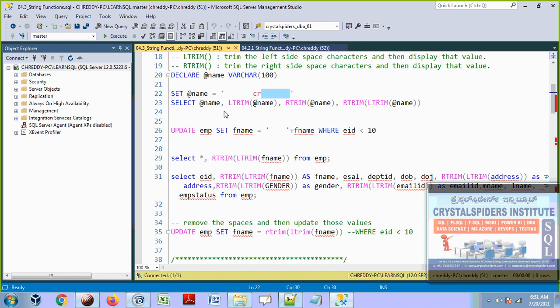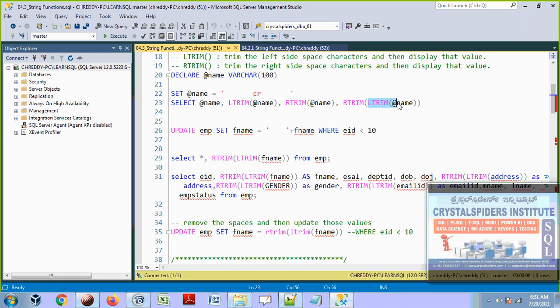Ltrim will remove the left side ones and display only this portion. Rtrim will display only this part, because rtrim means right side trim. It removes the right side space characters and displays the rest of the value.